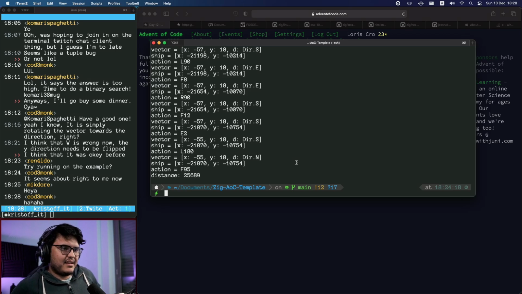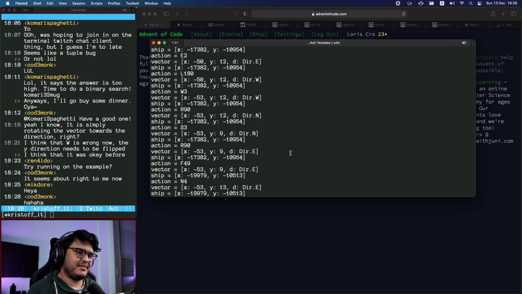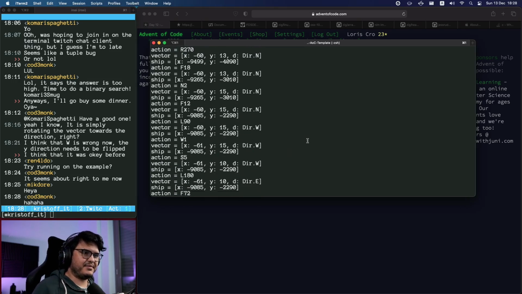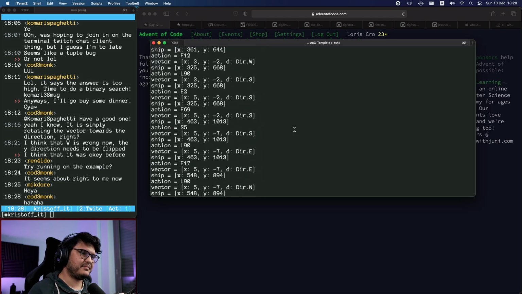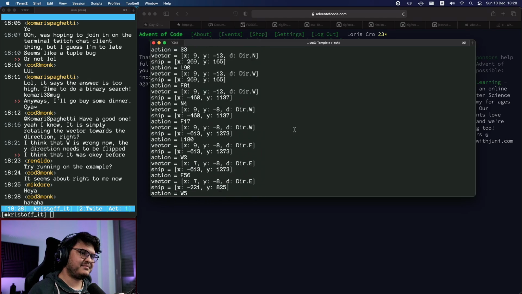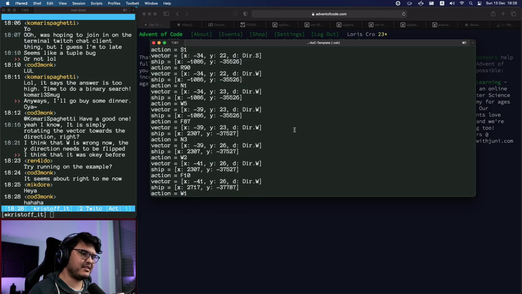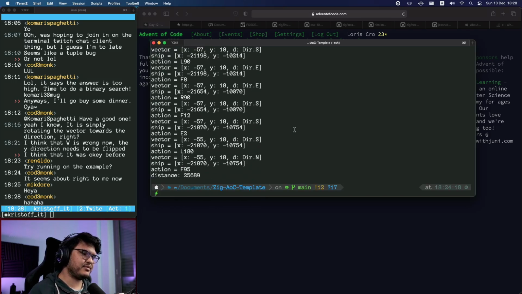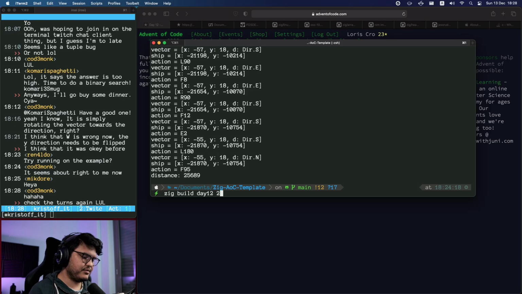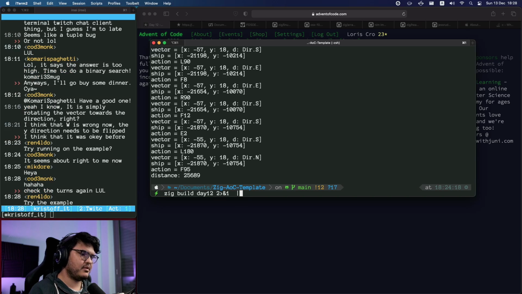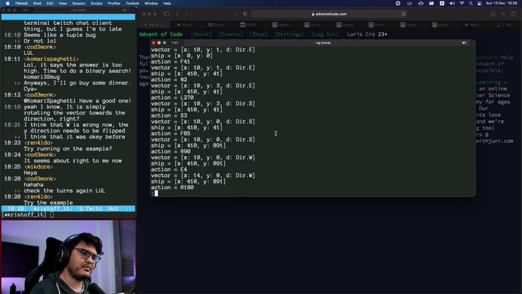Okay. We should, I guess, debug our state stuff a bit and see what's going on. This is so sad. You know what? Here's what I'm gonna do. Try the example.